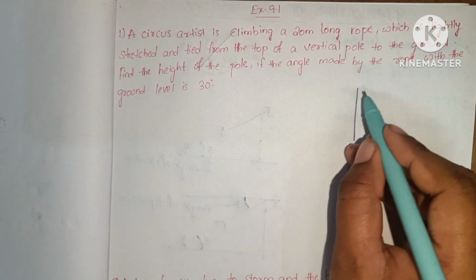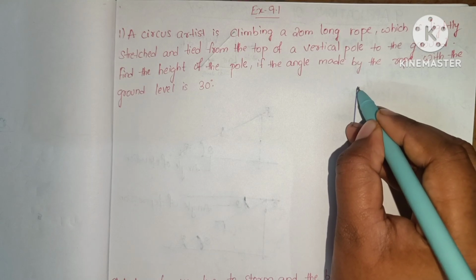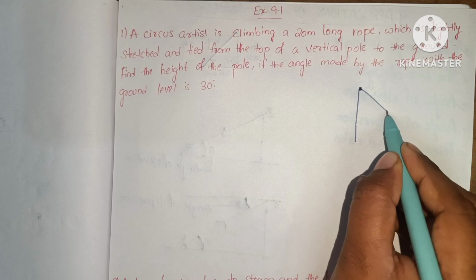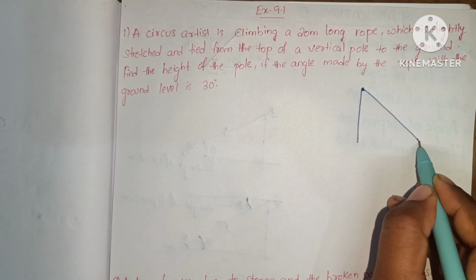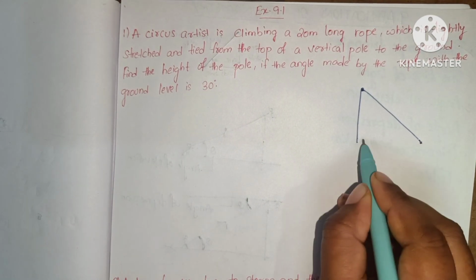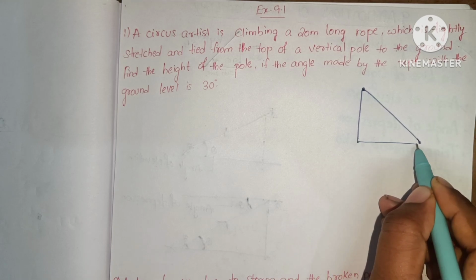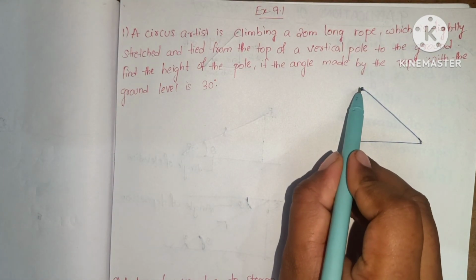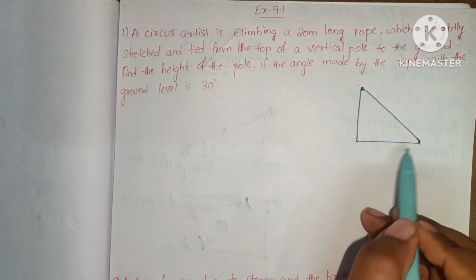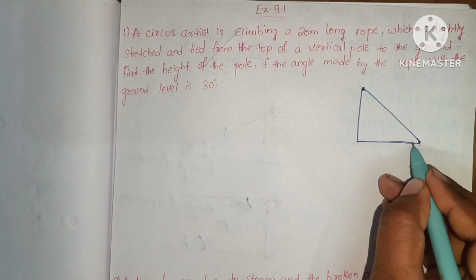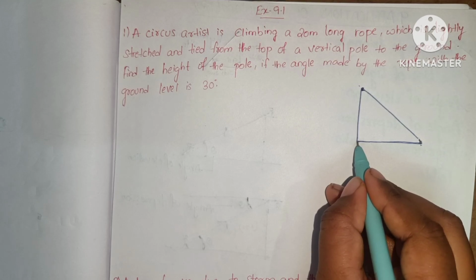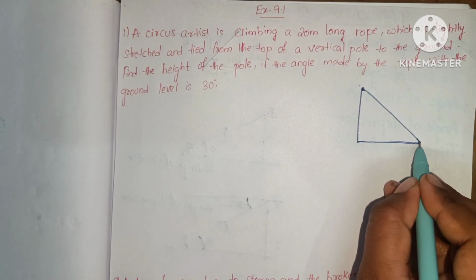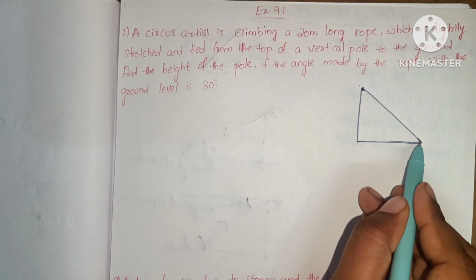He tied a 20-meter long rope tightly to the vertical pole and to the ground. The ground you will draw like this, right? So they tied from the top of the vertical pole to the ground. Now I joined these two. This one is the foot of the pole and this one is where you tied the rope at the ground. So I drew this line.